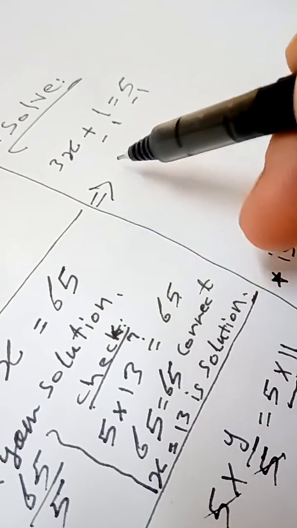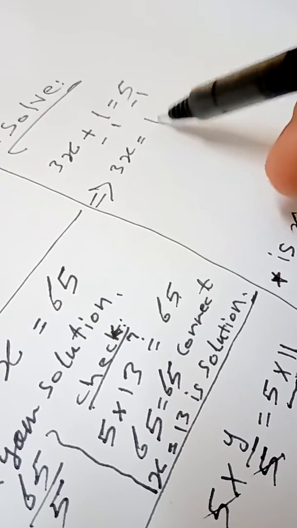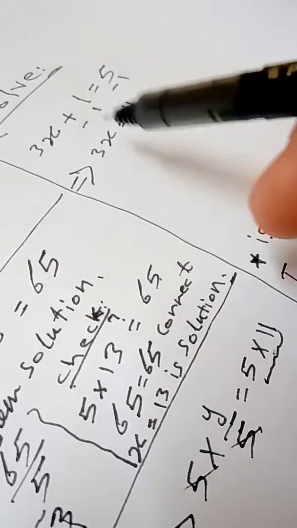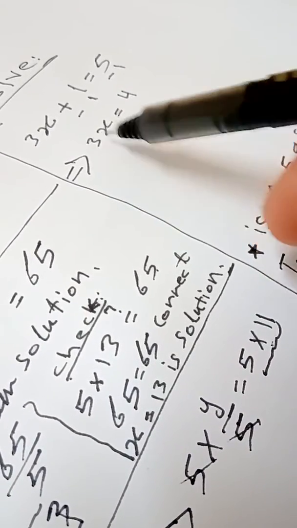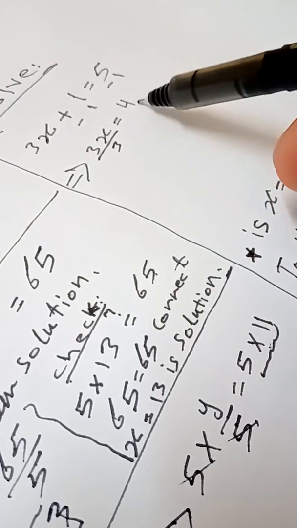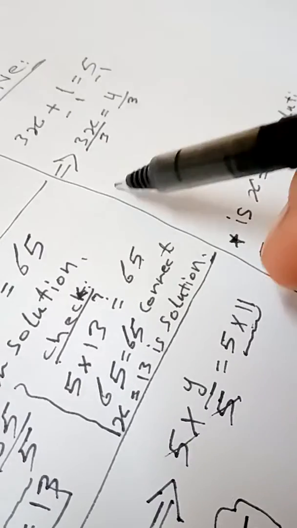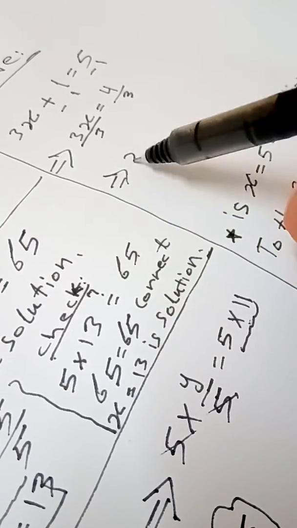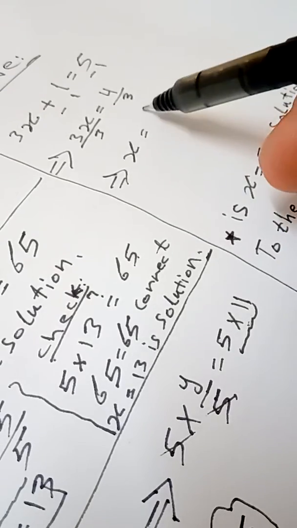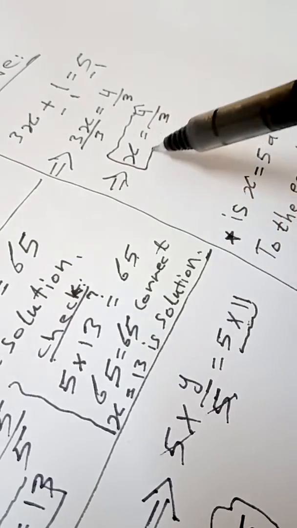So remains here 3x equal 5 minus 1 will be 4. Then how to remove 3? How to remove the coefficient here? Divide by the same number. Divide by 3, divide by 3. Here remains x, and here 4 over 3. This is the solution.